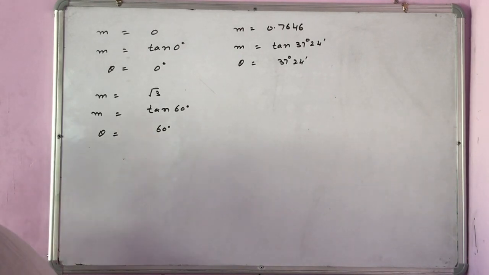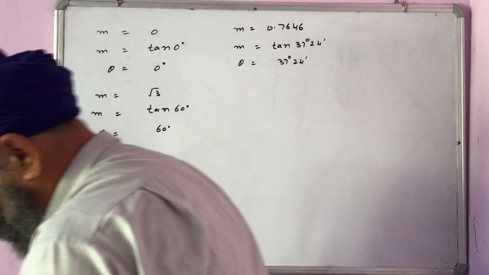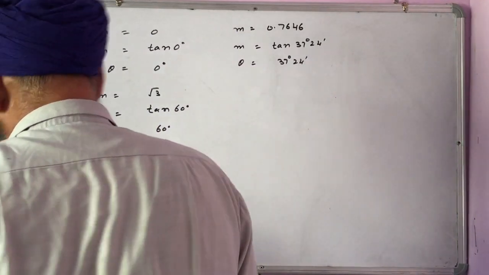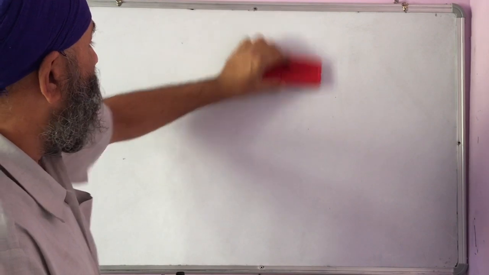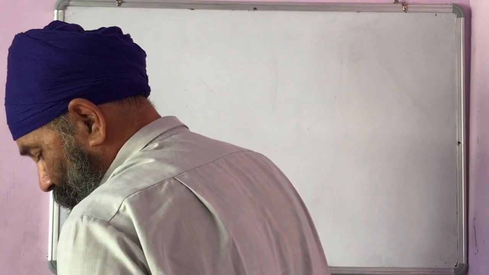Now find the slope of the line passing through the following pairs of points. So here x1, y1, x2, y2 are given.